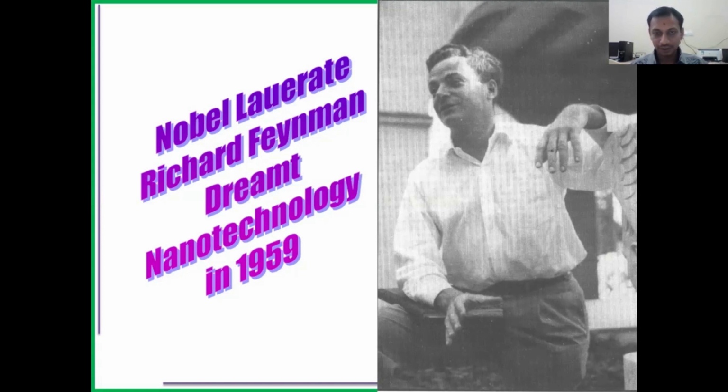It means people can think at atomic level, they can modify the structure at atomic level. He dreamed, he talked in 1959. At that time, people laughed at him, wondering what he was talking about, but it happened. It happened, and then nanoscience and nanotechnology progress started.